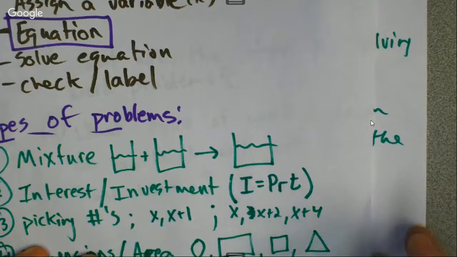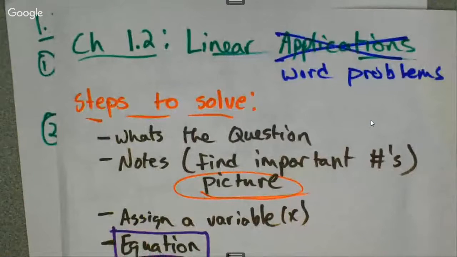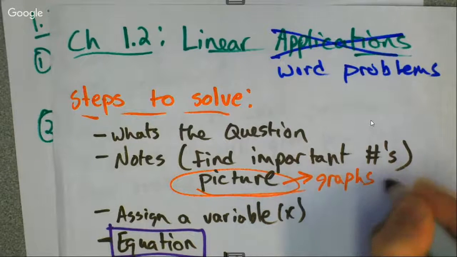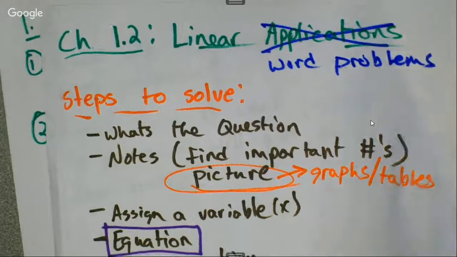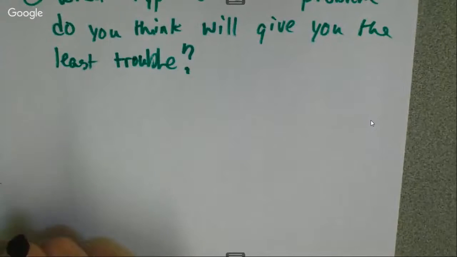Okay, and I think that's probably going to be the only formula we need. You also, okay, these are graphs and tables. Okay, so we can add graphs and tables to those. So those were your two questions.